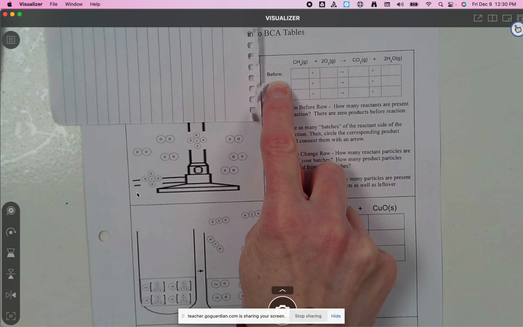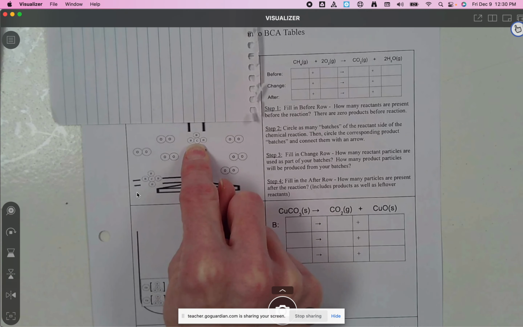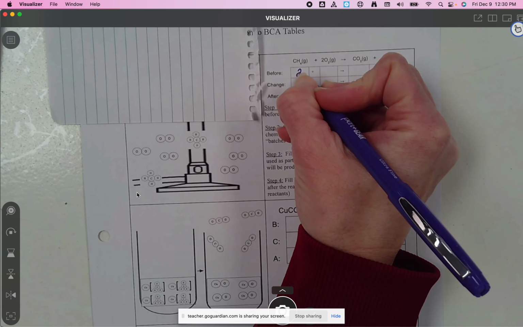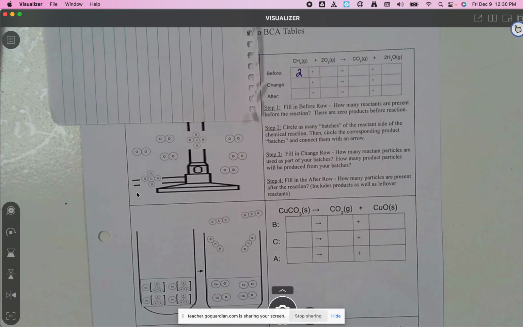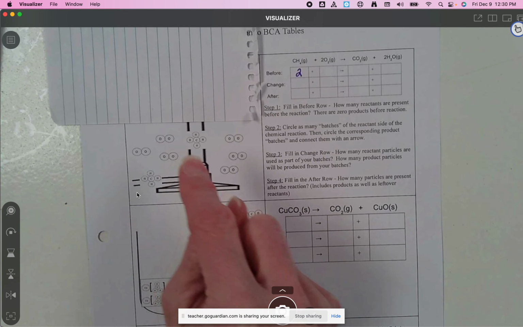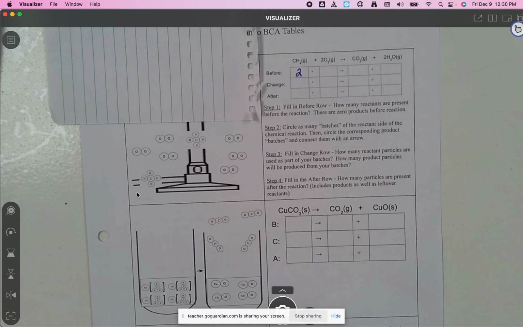So before the reaction starts, I have 1, 2 methanes. And I have 1, 2, 3, 4, 5, 6 O2s.